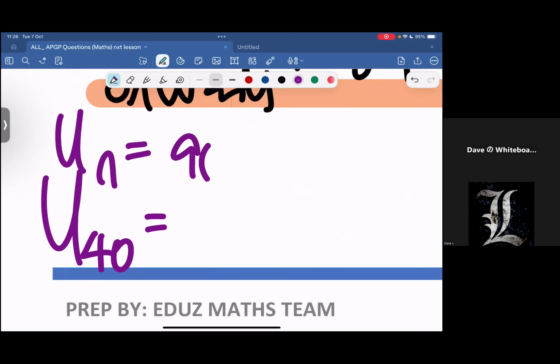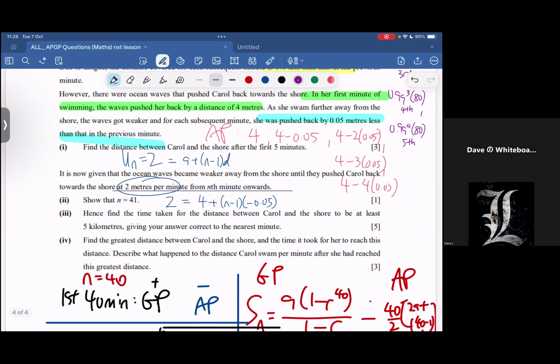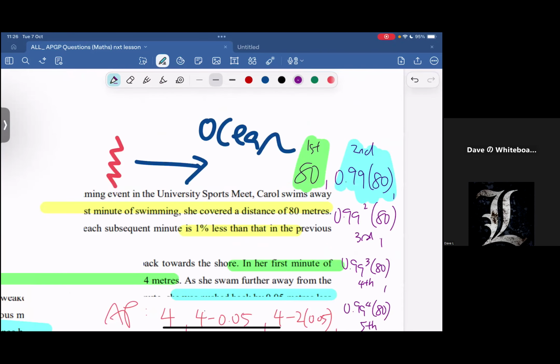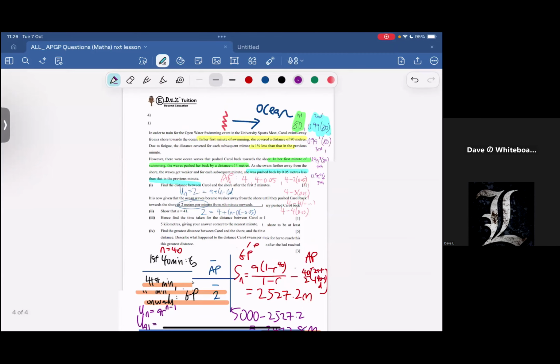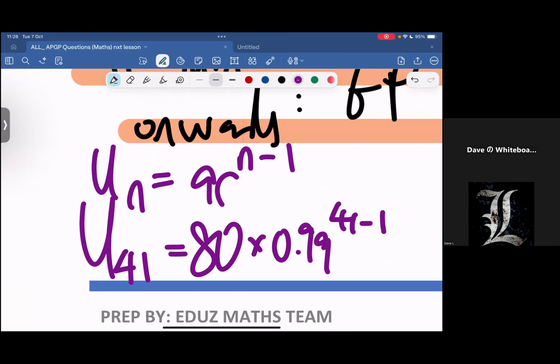Un is A R to the power of n minus 1, correct? So if you're going to find the first term, which is the 41st term, U41, it will be A, the original A of the GP. If you start at 80 itself, the first term would have to be 80, then multiplied by 0.99 to the power of 41 minus 40.